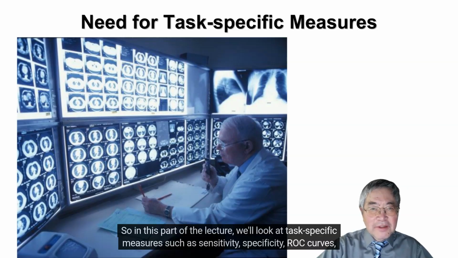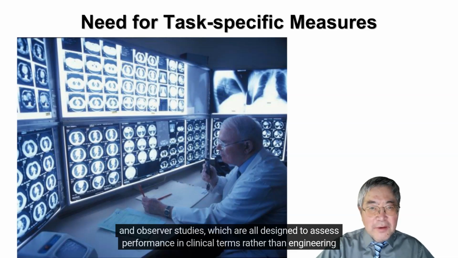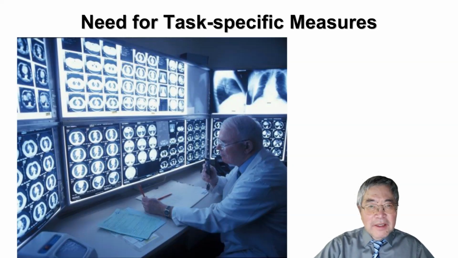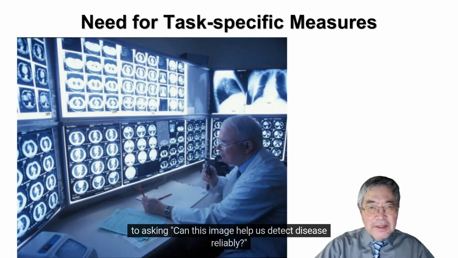So in this part of the lecture, we'll look at task-specific measures such as sensitivity, specificity, ROC curves, and observer studies, which are all designed to assess performance in clinical terms rather than engineering terms. This shift in perspective is critical. We move from asking, how sharp is this image, to asking, can this image help us detect disease reliably?